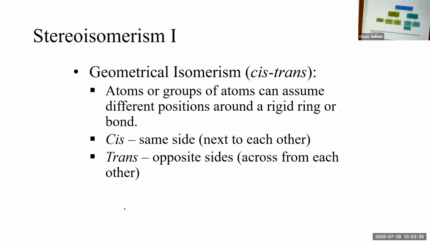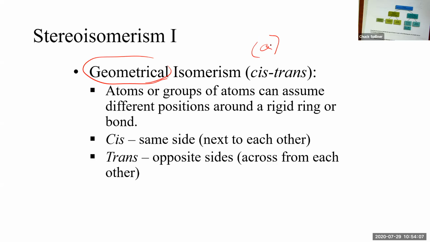So we have so-called cis-trans isomers in stereoisomerism part 1. These are geometrical isomers. There are two geometrical isomers, so let me separate this. We're talking about geometrical isomerism. The first type, I'll put A, is cis-trans isomerism.